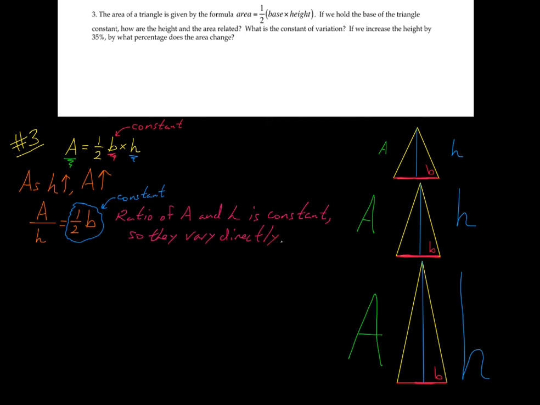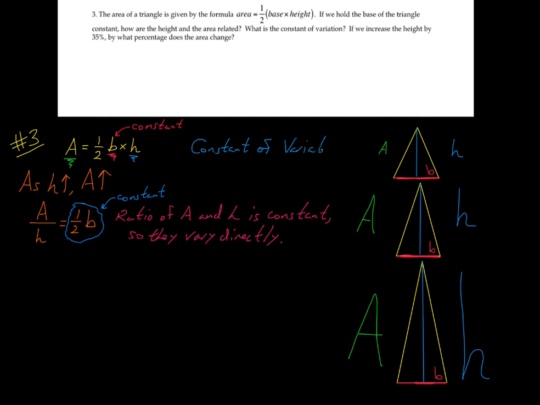All right. Now the next part of the question says, what's the constant of variation? So this right here is a reference to what I called the constant of proportionality in another video. This is the k thing.